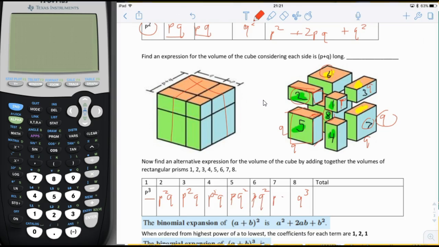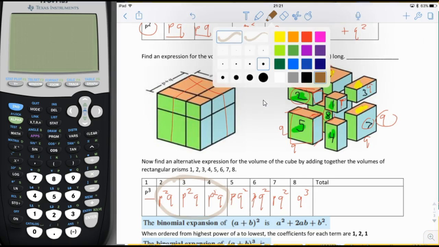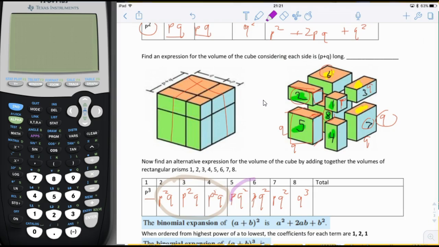Now if we're going to add these up, do you see that these 3 are the same, and maybe these 3 are also the same? So when we total these up, we're going to get p cubed, q cubed, and in the middle we're going to add up those 3. We're going to get 3p squared q plus 3pq squared. That should look familiar too.